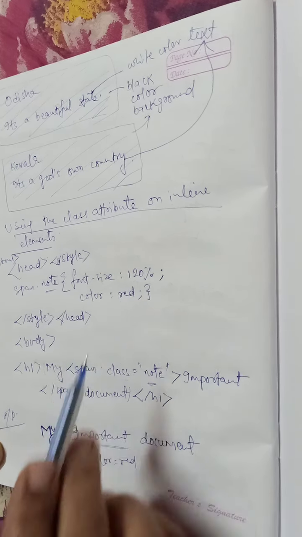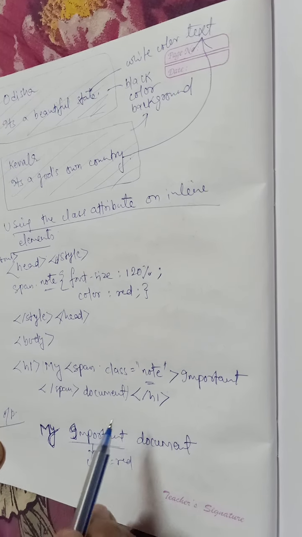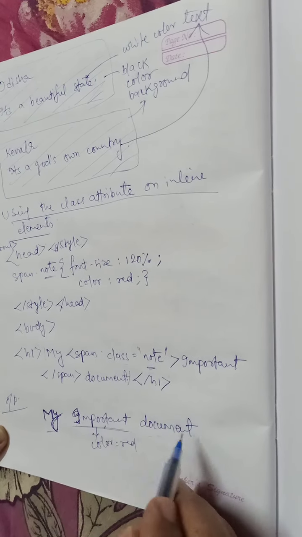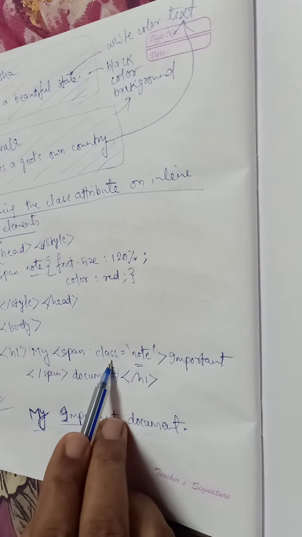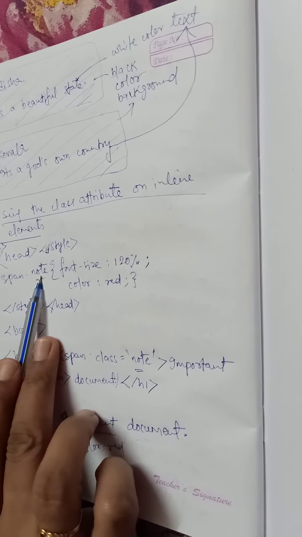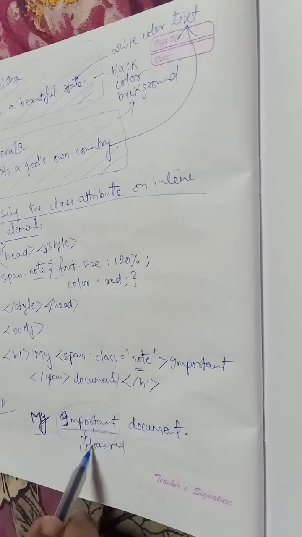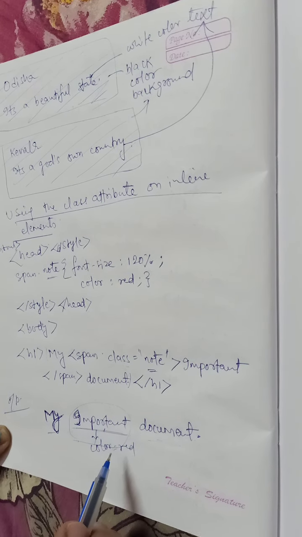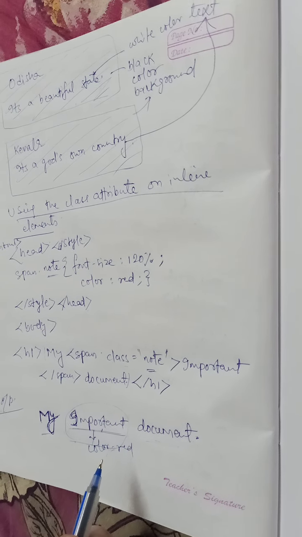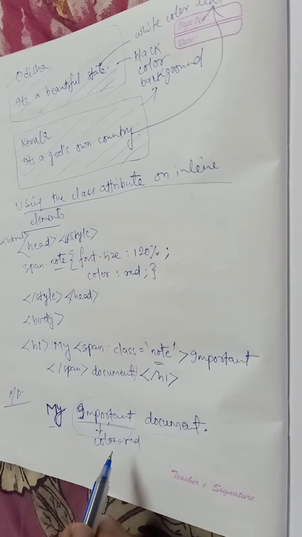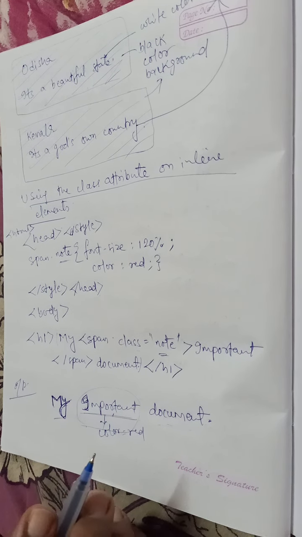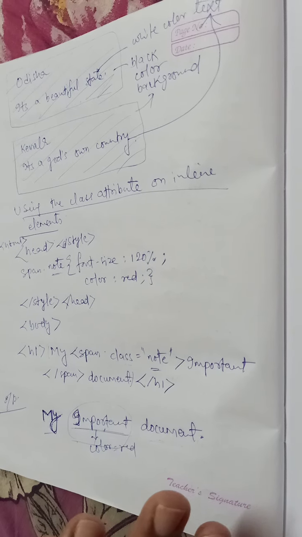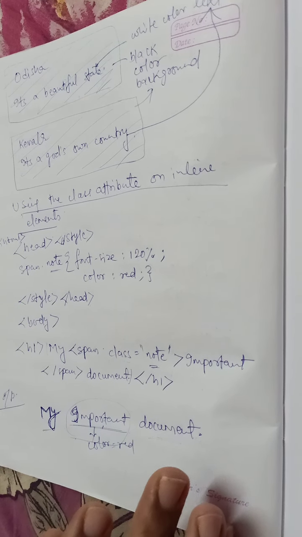The rest will be black. But the style I have mentioned in the class note will be applied to only a single word of the paragraph. This is how I can use the class attribute on inline elements also. The class attribute can be used on any HTML element.